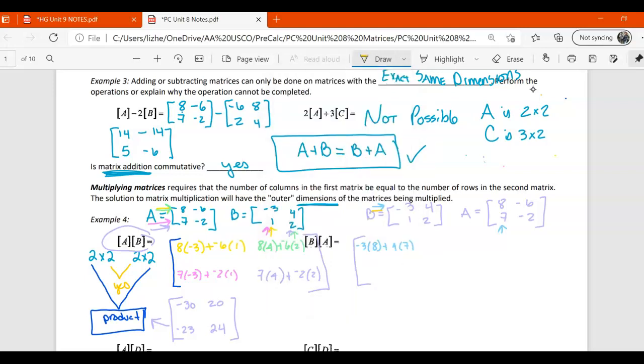Next one, top row, second column. Negative 3 times negative 6 plus 4 times negative 2. Okay. Second row, first column. 1 times 8 plus 2 times 7.